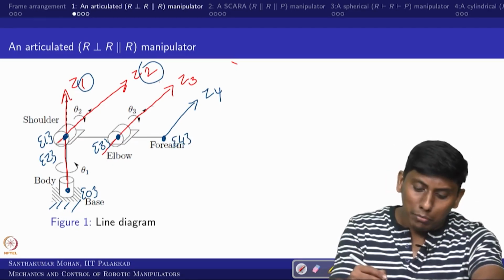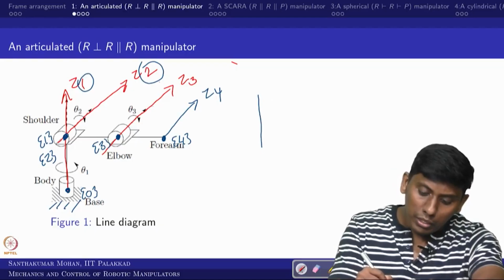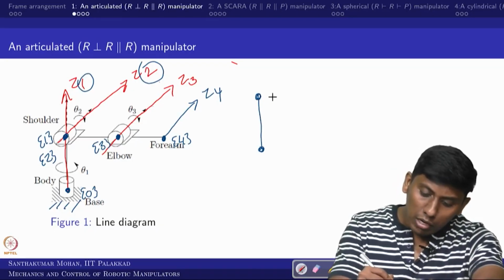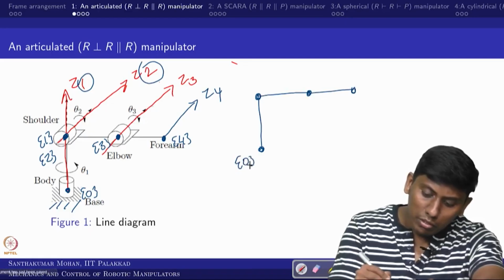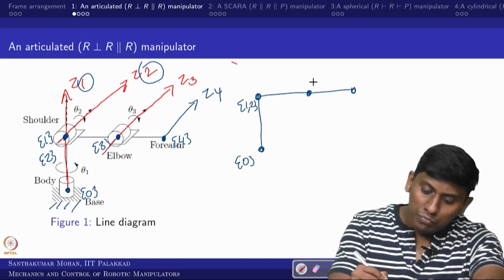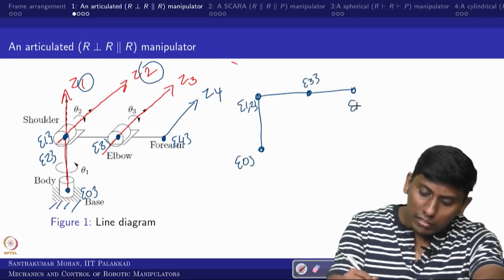Now I am drawing the same thing here, just for your benefit. What we did: this is 0 and this is 1 and 2 and this is 3 and this is 4.